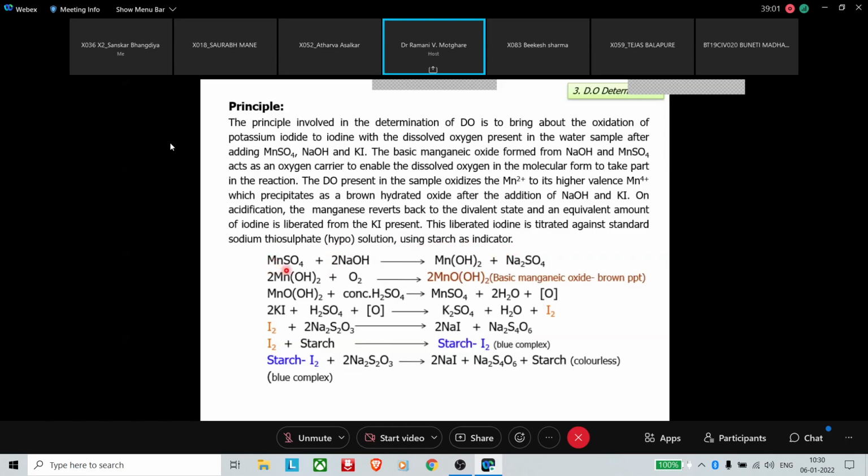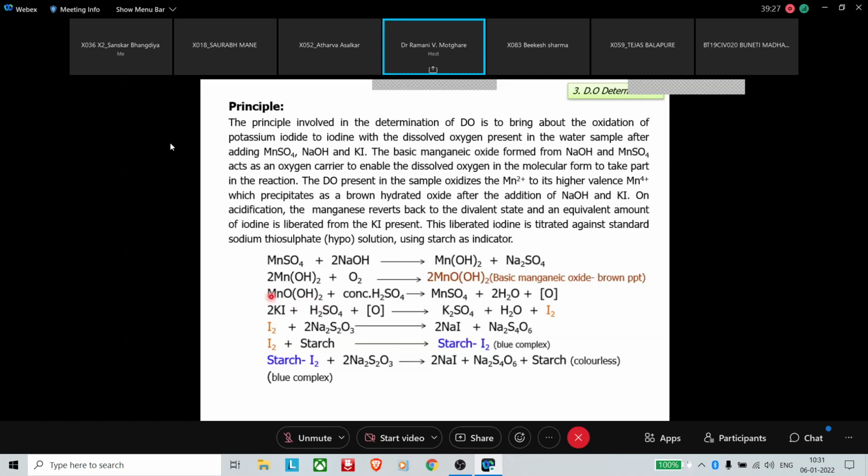Okay, so write these reactions. Very important. MnSO4 plus 2 NaOH gives Mn(OH)2 plus Na2SO4. This Mn(OH)2 plus O2 gives 2 MnO(OH)2. This is a basic manganic oxide which is brown in color.